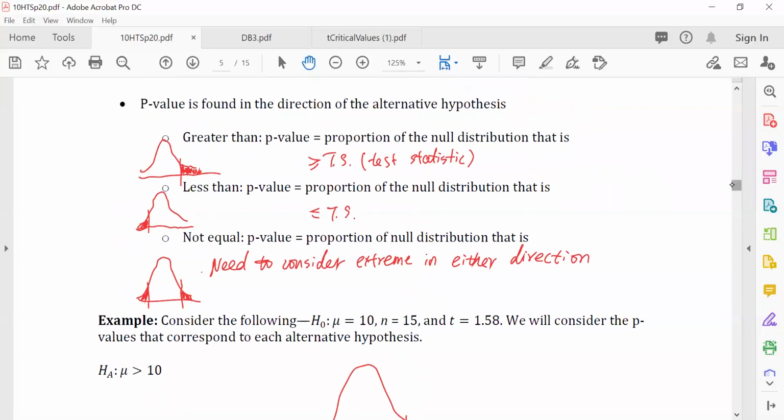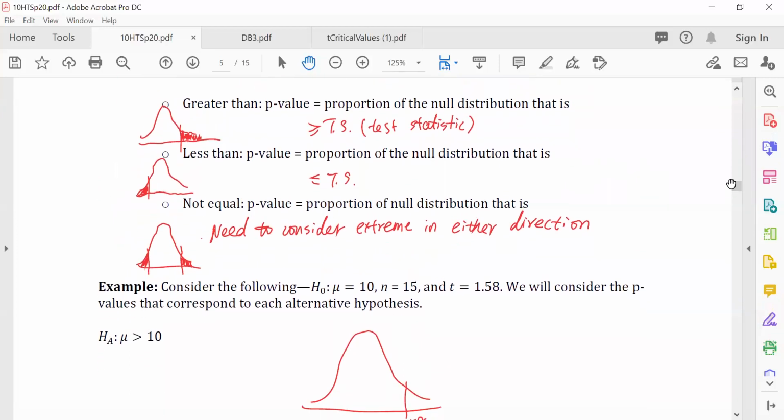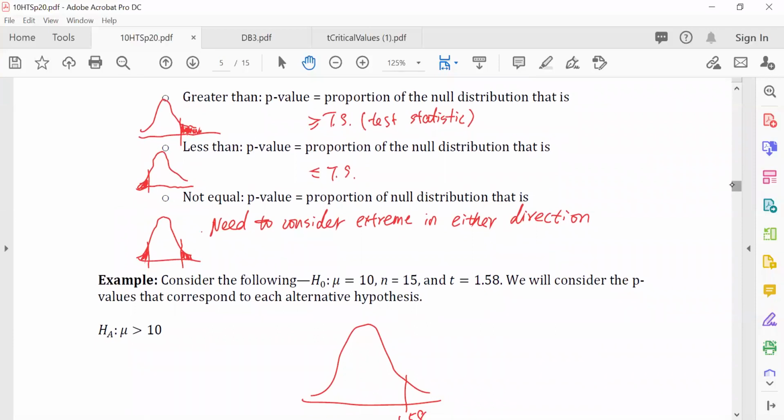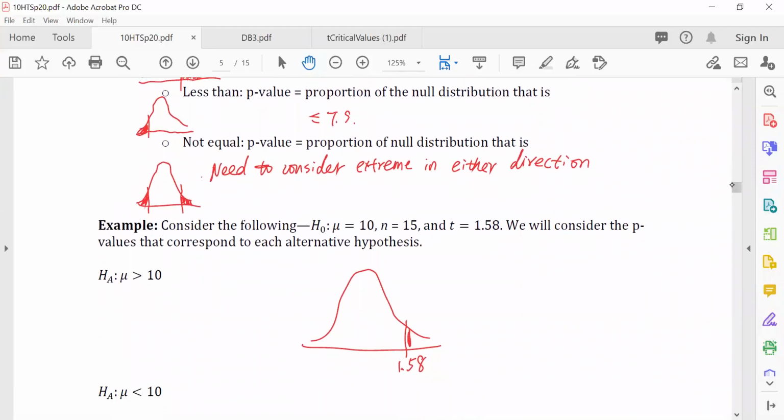So here, when it's a greater than sign, the p-value is the proportion of the null distribution that is greater than this test statistic. So it's the area under the curve to the right of it. So the p-value is the probability t greater or equal to 1.58.